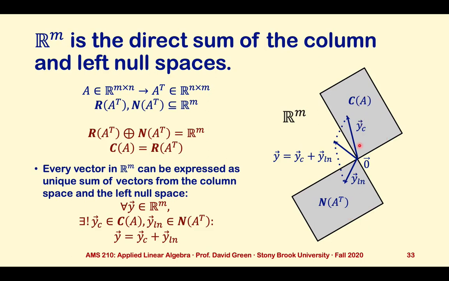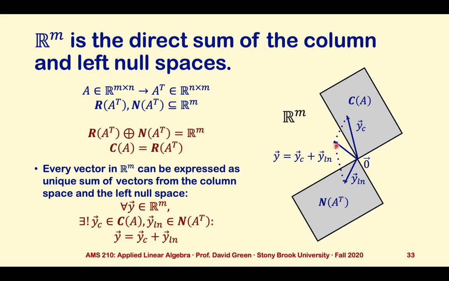There will be some vectors that reside in the column space of A and can be described by a vector only from the column space. There will be some vectors that exist only in the null space of A transpose, in the left null space of A, and those will be described by a vector as such.